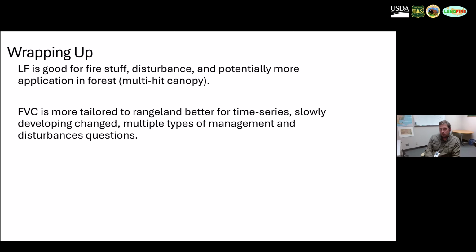So it's sort of analogous to the spatial scale example I provided. The coarser the spatial scale you're investigating, the less error you're going to see in these products. And I think the same is true with temporal scale.